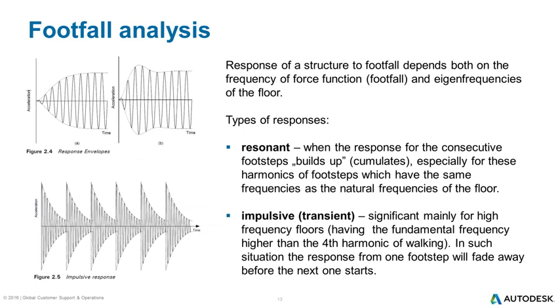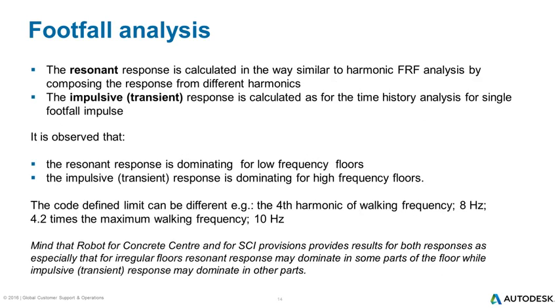The response of a structure to footfall depends both on the frequency of the force function, footfall, and the eigenfrequencies of the floor, as well as damping. There are 2 types of responses, resonant and impulsive. The resonant response is similar to harmonic FRF analysis, and the impulsive one is the one where each footstep is a separate action and is calculated with the use of time history analysis.